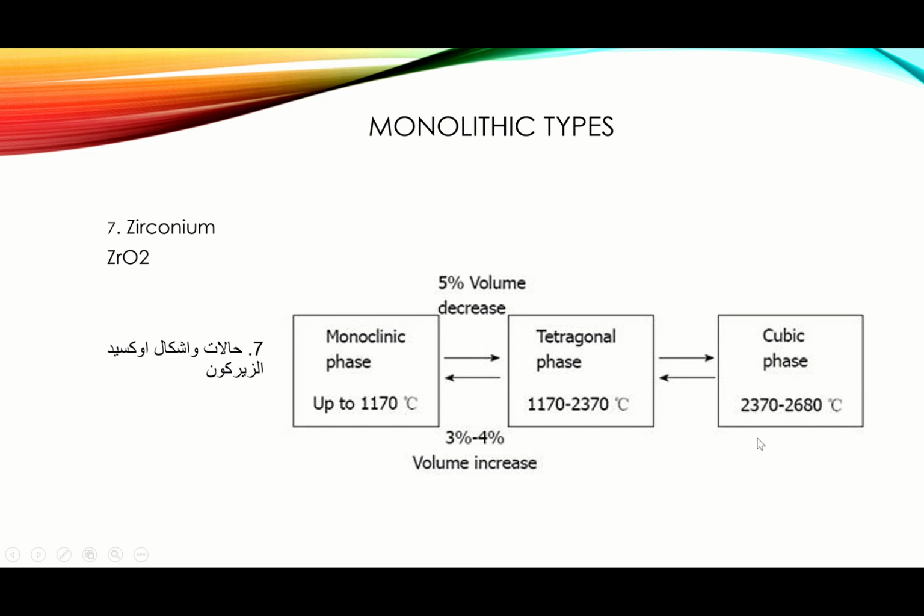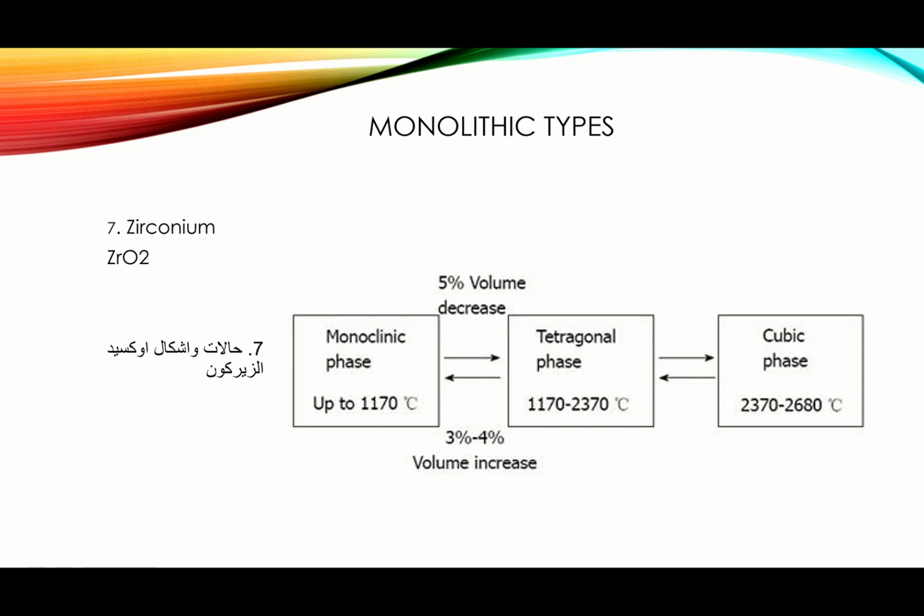From 2370 to 2680, the molecule will reshape into a cubic phase. Of course, once it starts cooling down, it will go back from cubic phase to tetragonal phase, and as you keep cooling it down, it will go back from tetragonal phase to monoclinic phase, all right?